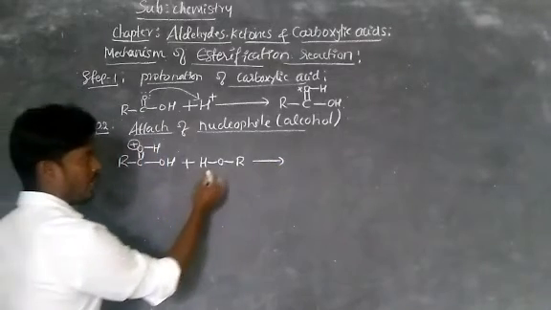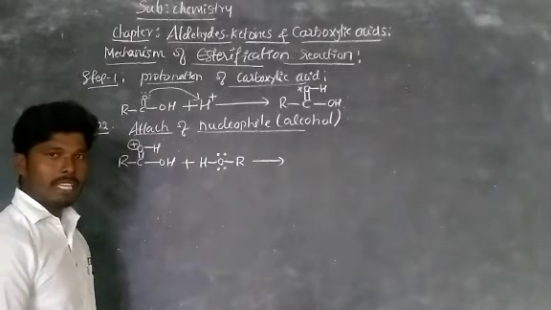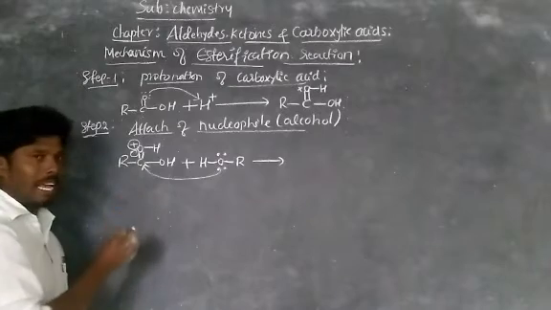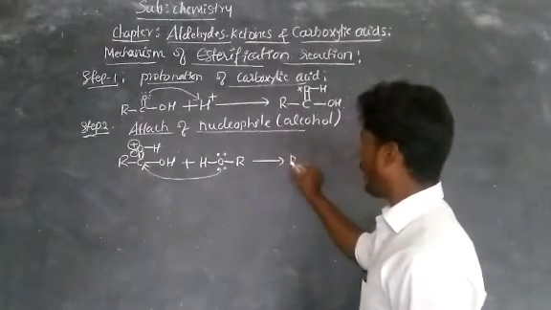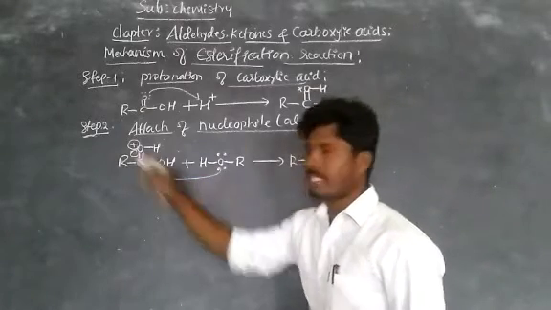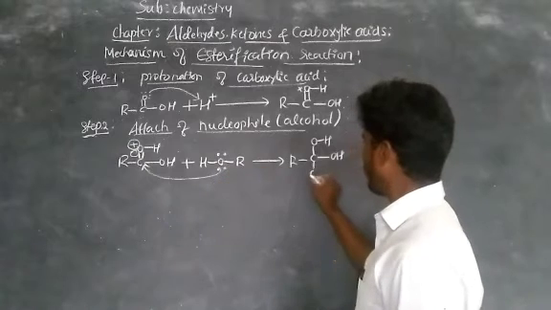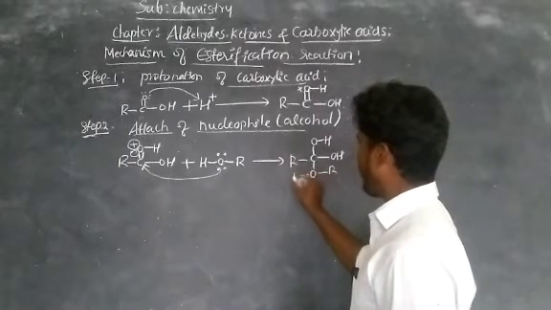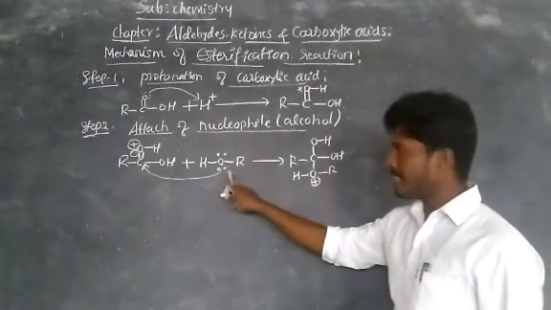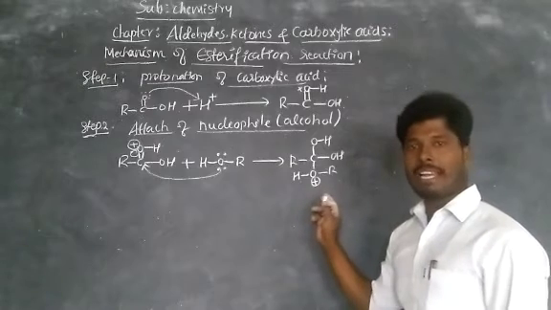The oxygen atom contains a lone pair of electrons, that will behave as a nucleophile. This will attack here. What will happen? This positive charge is neutralized. So what you get? R, C bond OH, then bond OH, again here O bond R, then hydrogen plus, because the oxygen is electron deficient.